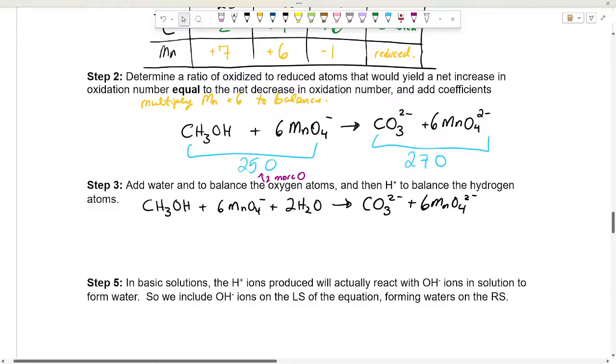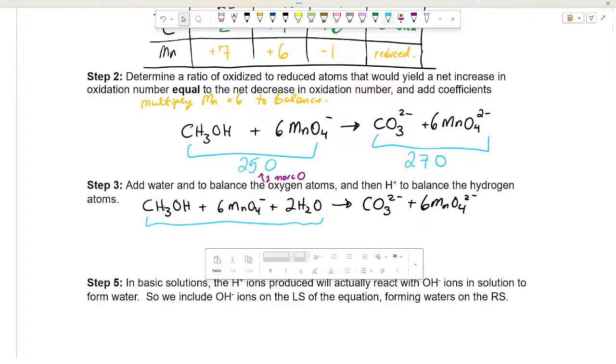Let's also add the H's we need. How many H's are we going to need? Well, let's count. How many H's do we have on this side now? 3, 4, 5, 6, 7, 8. So 8 hydrogens. What about over here? We have none.